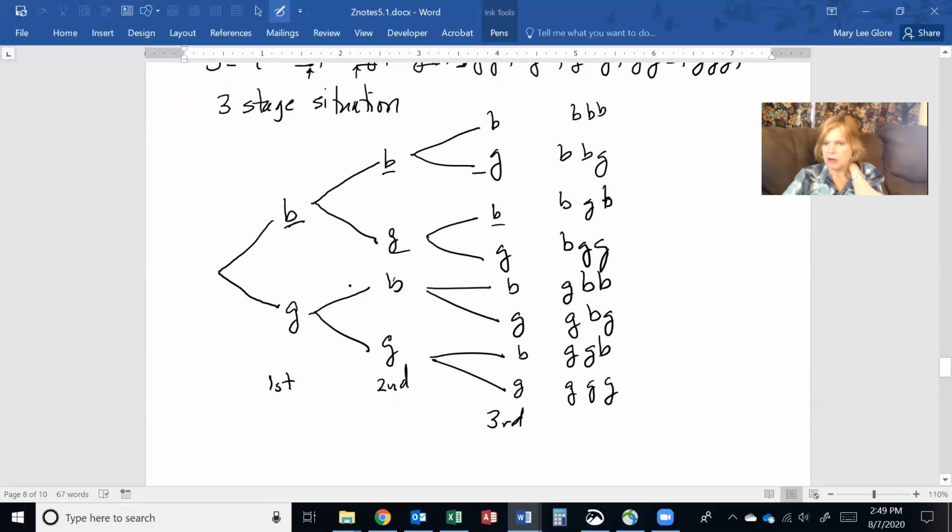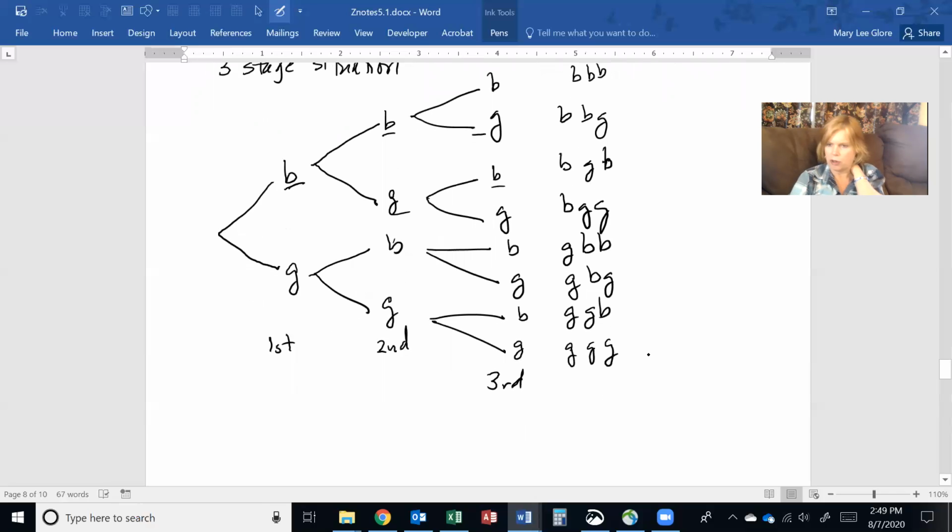So now I have all of my options, and at the end, I count them: 1, 2, 3, 4, 5, 6, 7, 8. So I have 8 possible outcomes. These are all equally likely, as long as having a boy or a girl is equally likely. It's actually not exactly the same, but if we use classical probability, we say there's a half chance of this and a half chance of that.